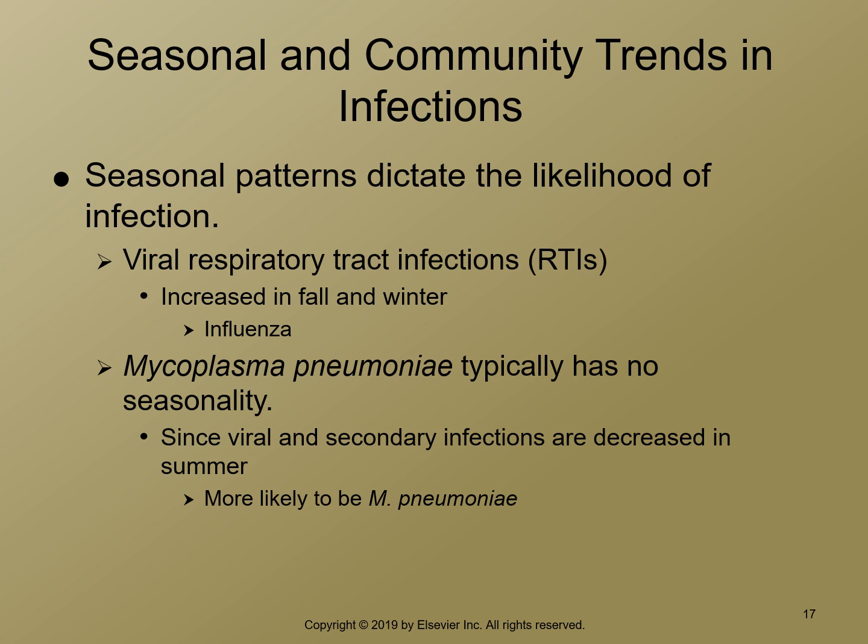Mycoplasma pneumonia, as we've discussed previously, has no seasonality. And since viral and secondary infections are decreased in the summer, Mycoplasma pneumonia would typically be the causative agent of respiratory tract infections in the summer months.